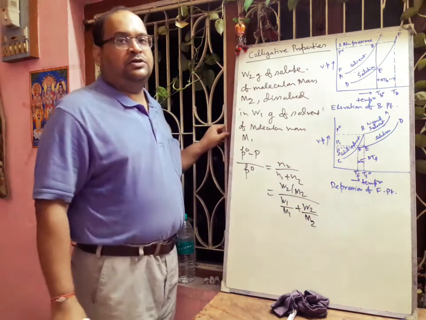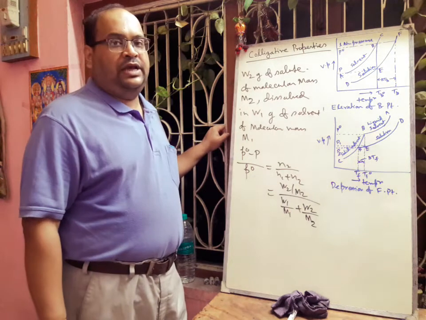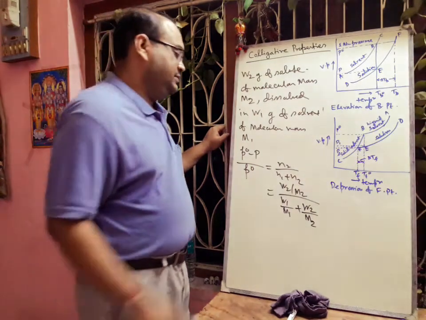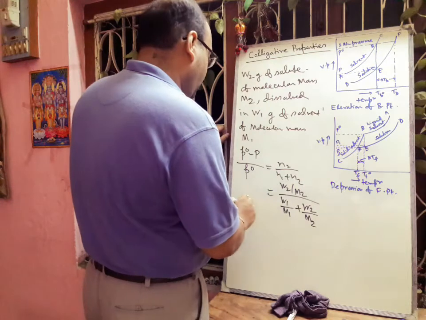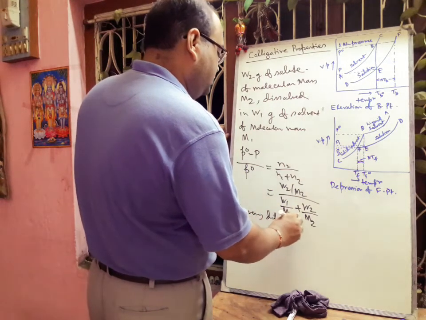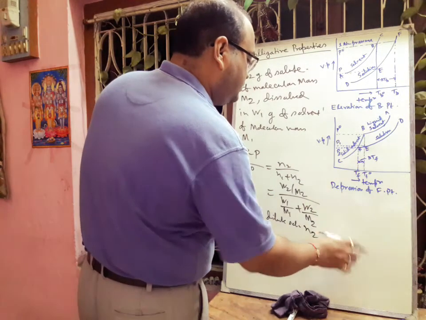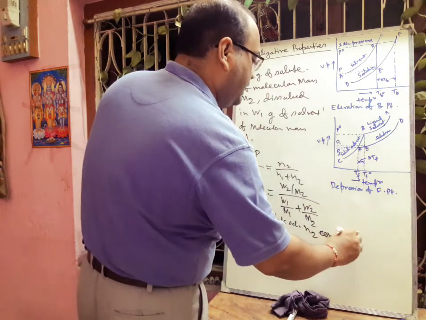Okay. So for a very dilute solution, N2 in the denominator can be neglected.